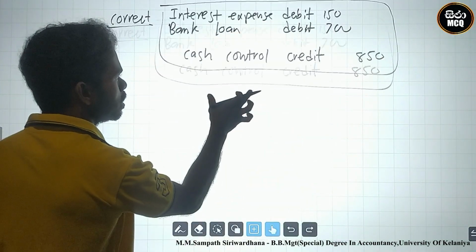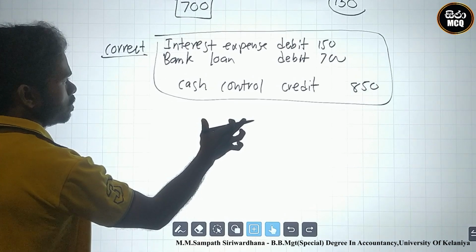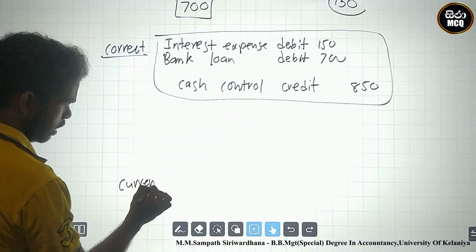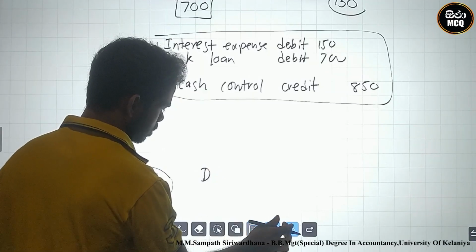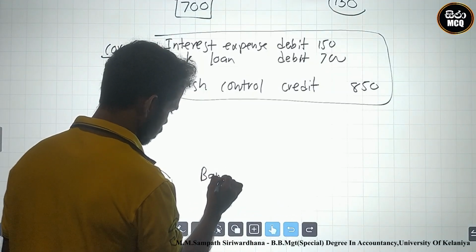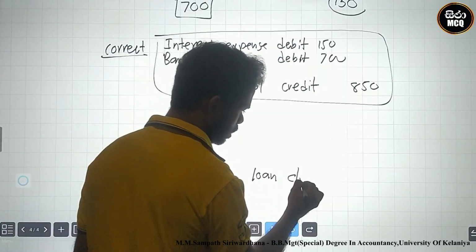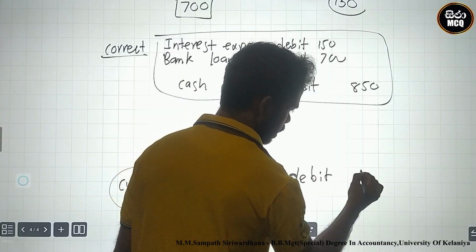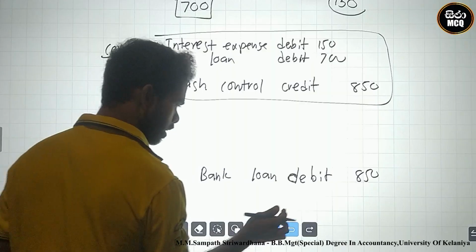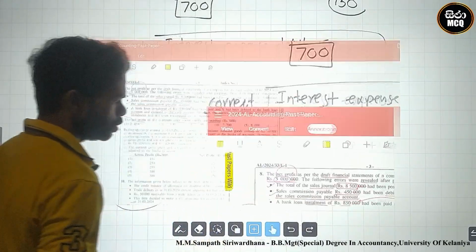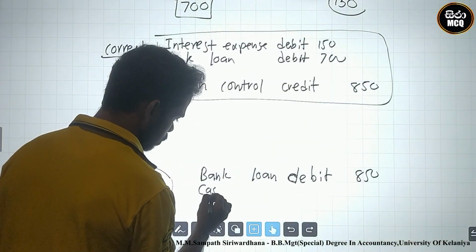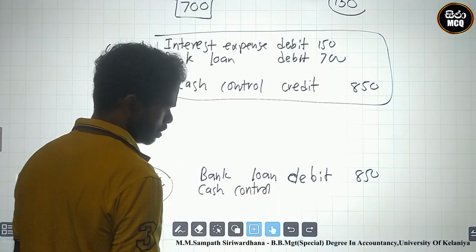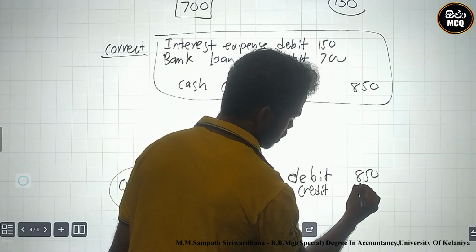The current situation is the error: debit to bank loan, total 850, and credit to cash account, cash control credit 850.